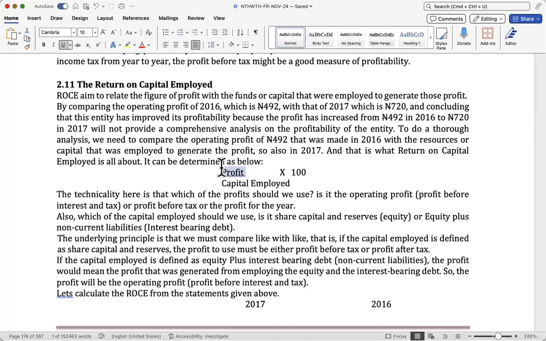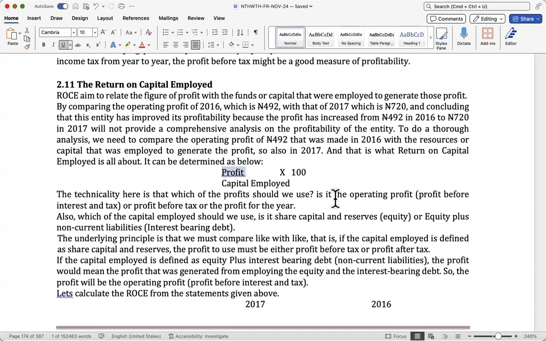Because when you check your statement of profit or loss, there are almost four categories of profit you can have there. There is gross profit, there is operating profit, which is also called your profit before interest and tax.